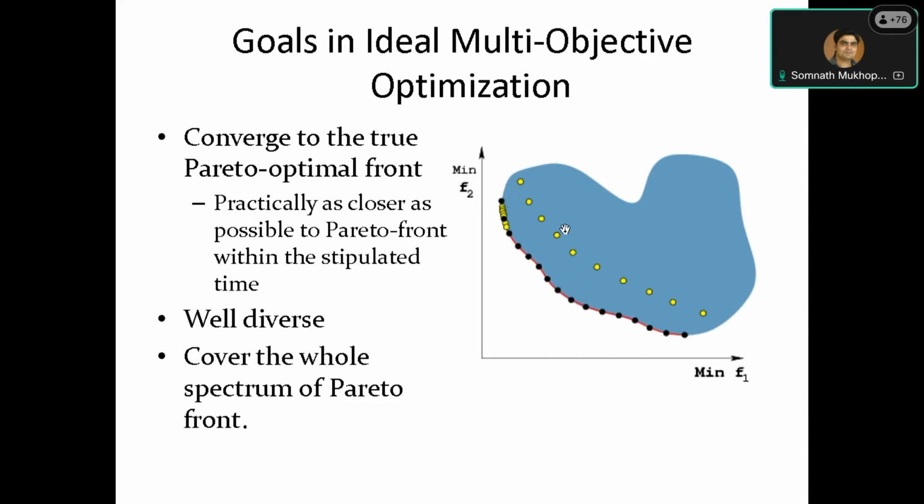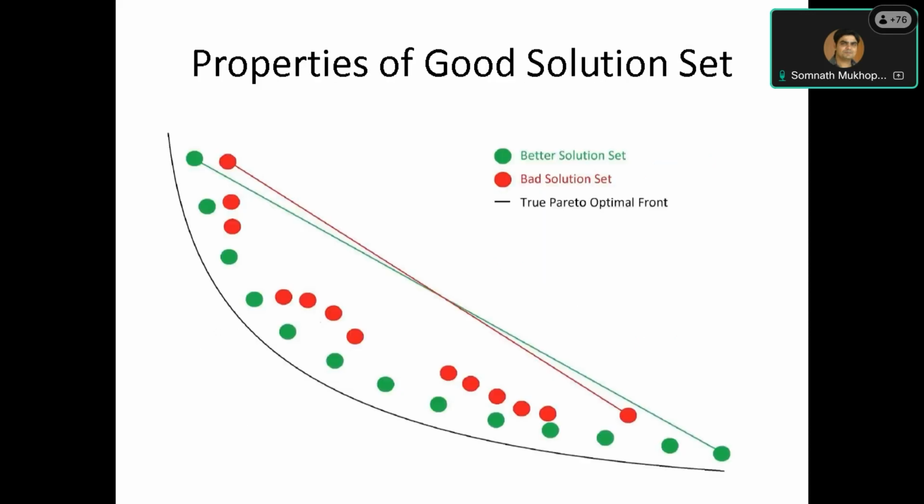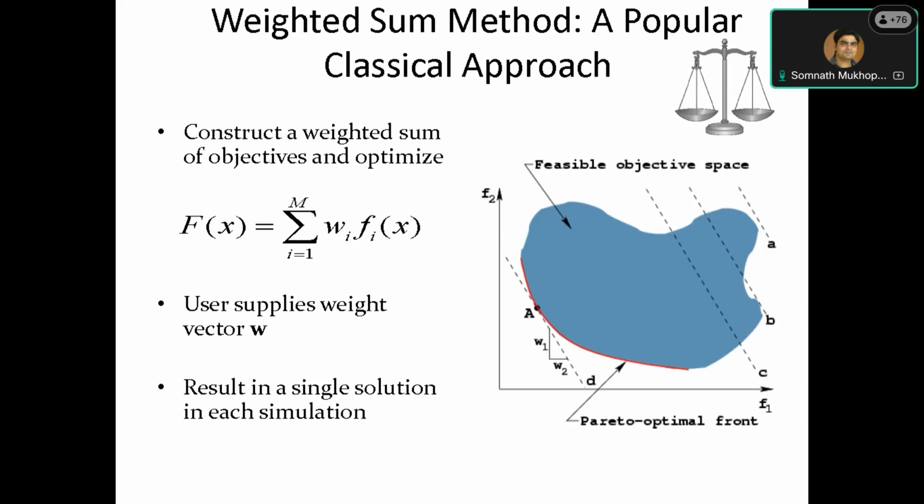Different people will have their own choice of buying a car, and no one is dominating the other. So as wide as possible is another objective: cover the whole spectrum of the Pareto optimal front. So diversity and convergence are the two objectives when we are solving a multi-objective optimization problem.